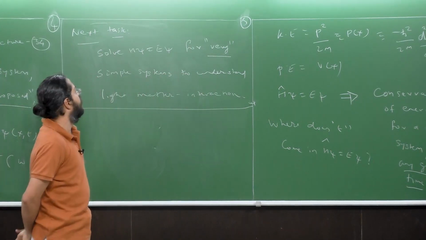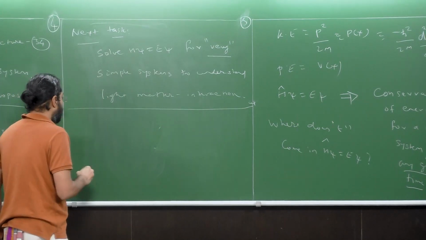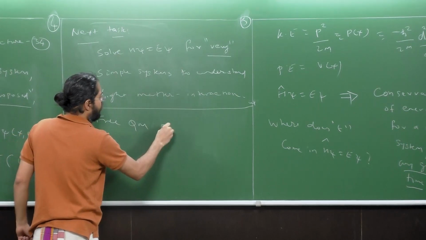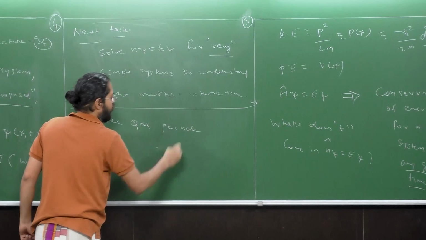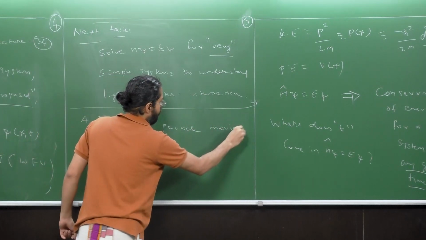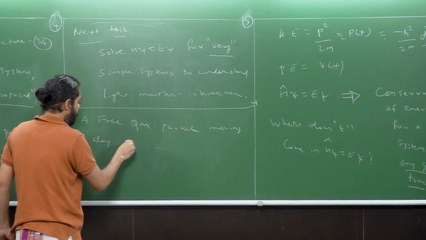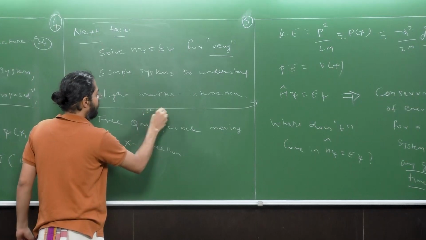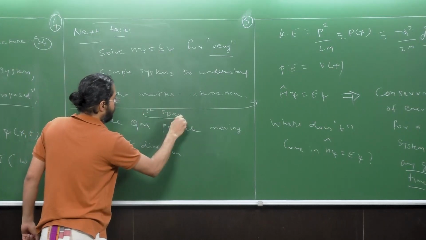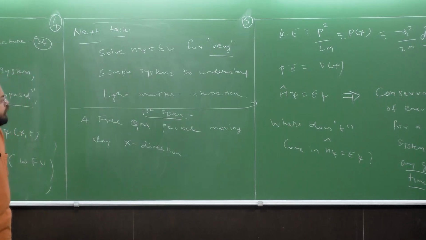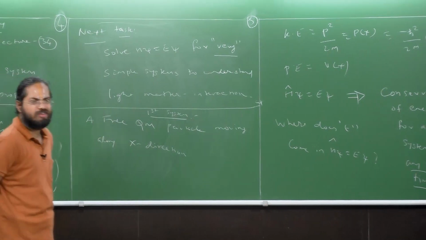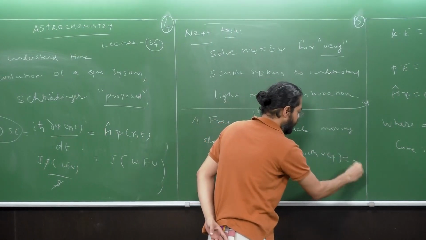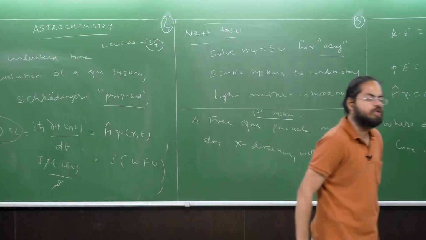The first system we shall be considering is what is called a free quantum mechanical particle, moving along the x direction, with some arbitrarily assigned potential energy to be 0.